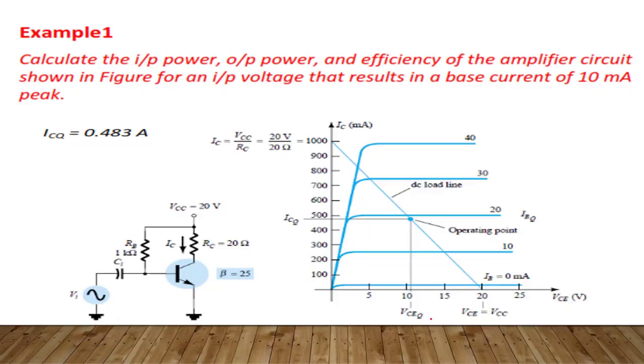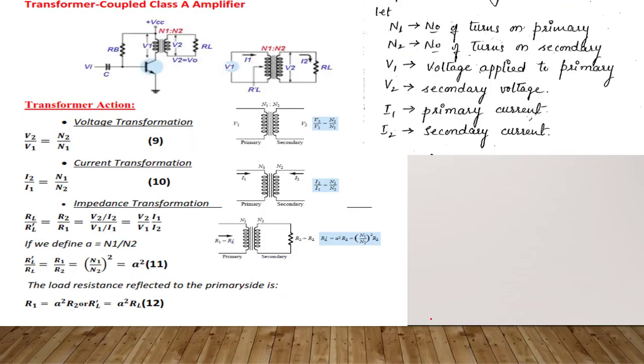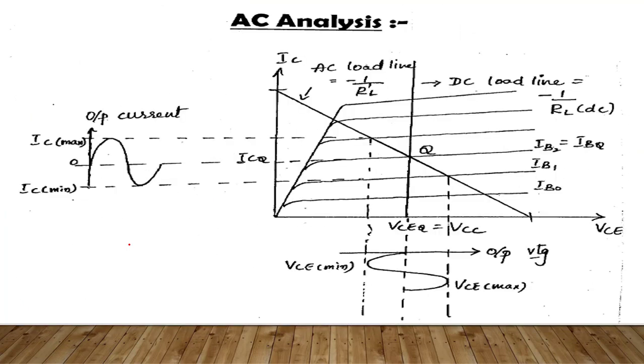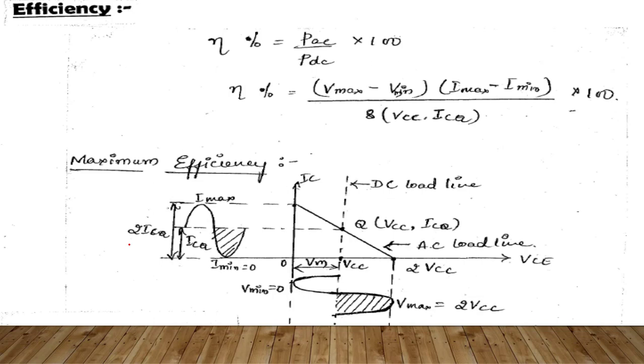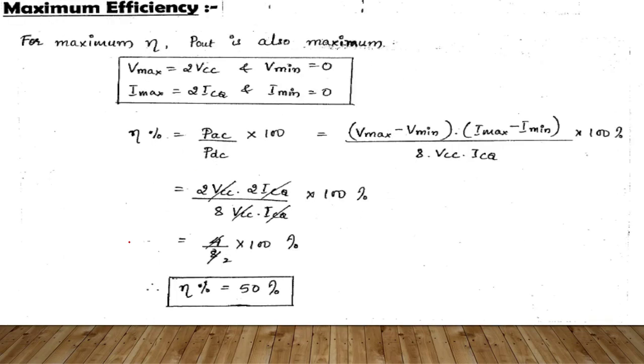Okay, the second one is called transformer coupled. The difference is we use a transformer instead of RC, and here we get different values: V2, V1, I2, I1, R2, R1. The main thing to remember here is that the maximum point is 2 VCC instead of VCC. All the other things are exactly the same as the series fed.